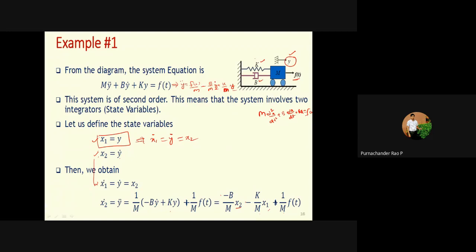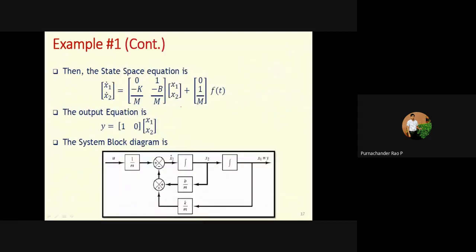So this is going to be your state space model. X1 dash is x2, and x2 dash is equal to y double dash, which is equal to minus k by m into x1 minus b by m into x2 plus 1 by m into f of t.